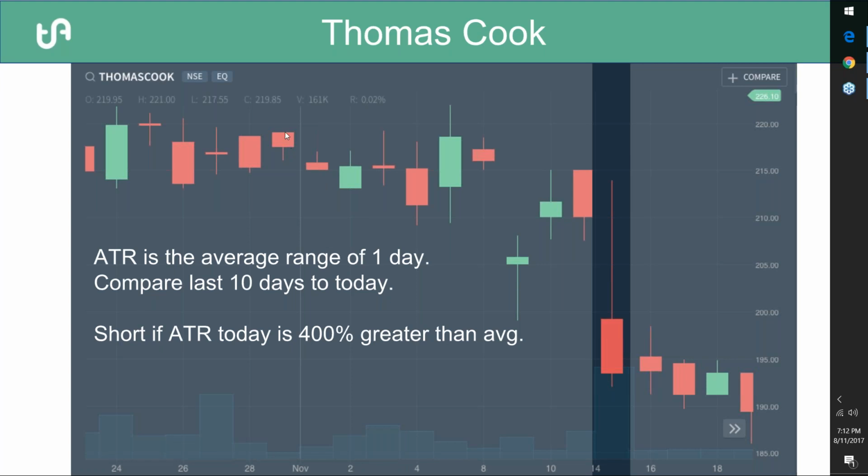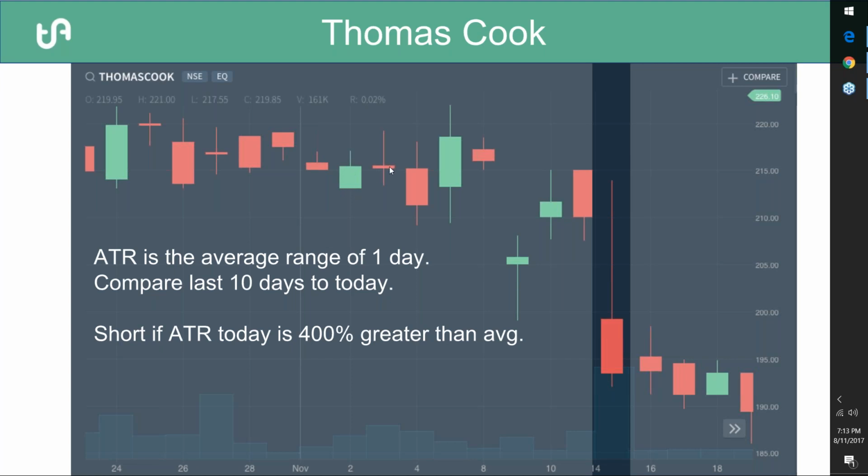And what I'm looking for is how much Thomas Cook is moving from its open to its high. In this case, the open to high is almost nothing. Over here it's around 1 rupee, open at 211 and went up to 212.